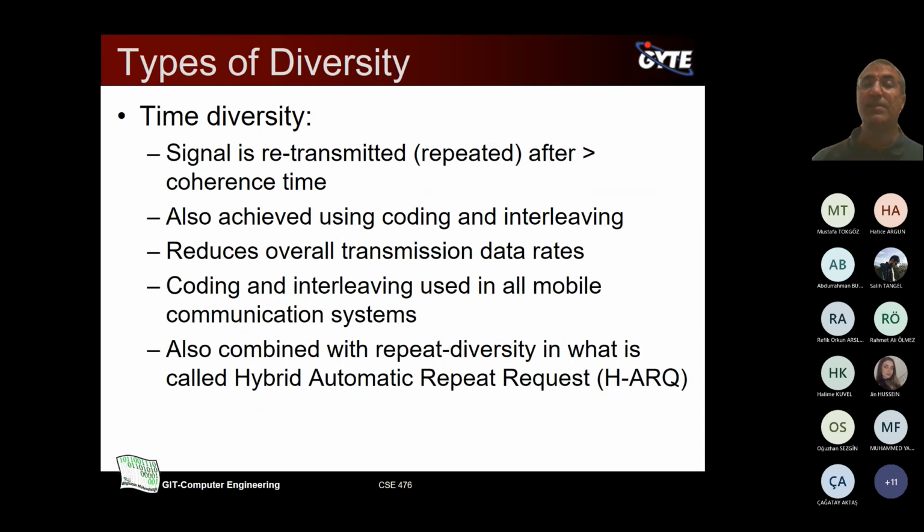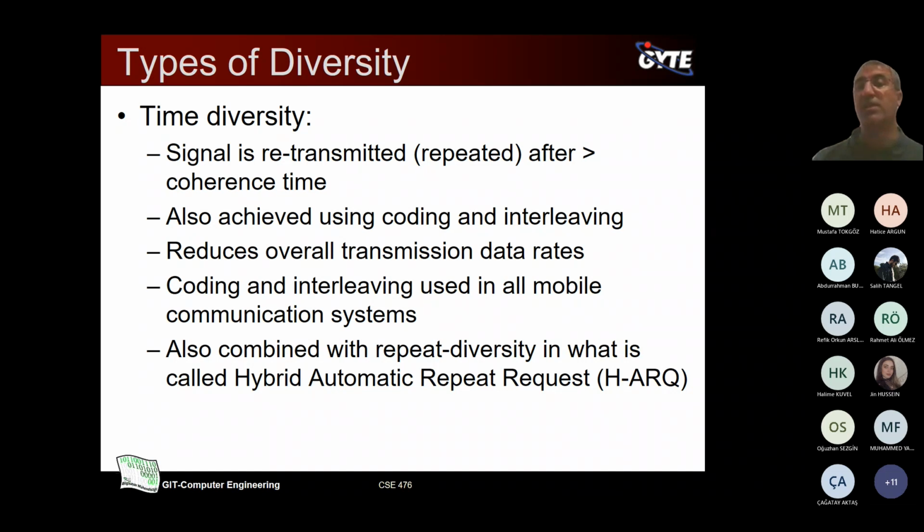Time diversity: we achieve the diversity in the time domain. So the signal is retransmitted, or in other words, repeated after a coherence time. Remember, we also learned that the coherence time of the channel is the time where the channel remains unchanged.